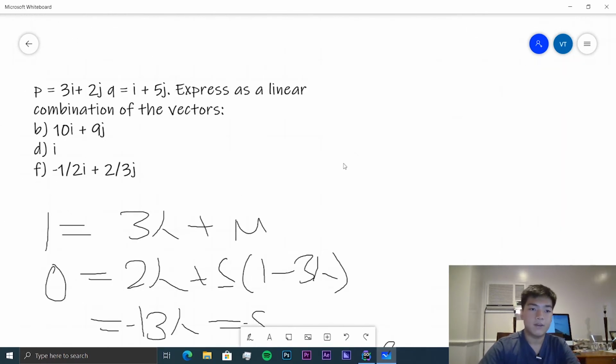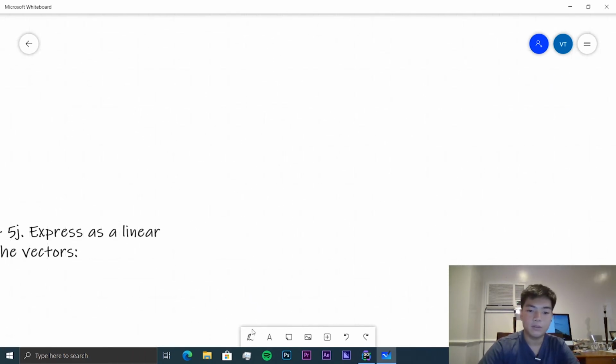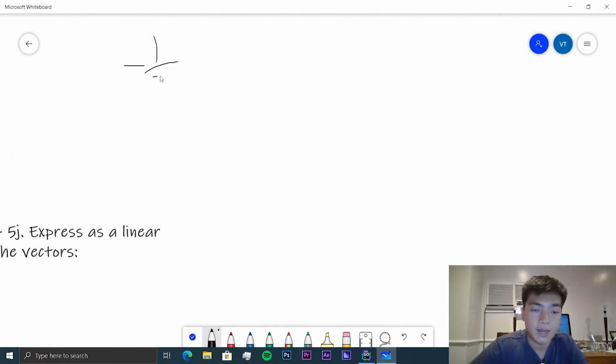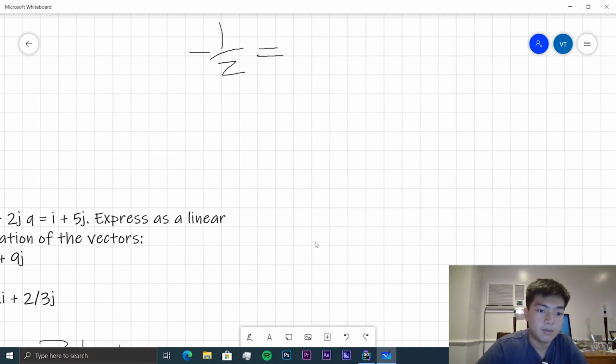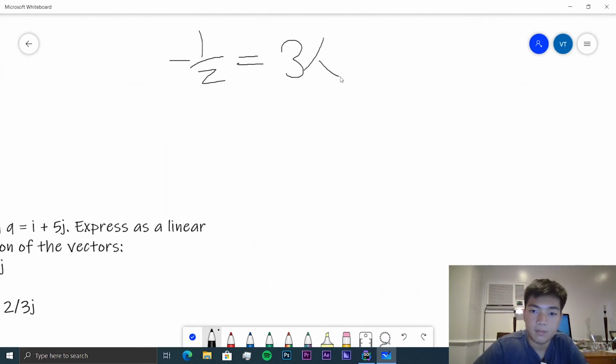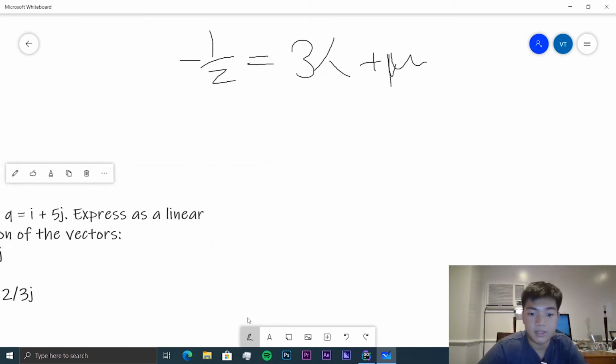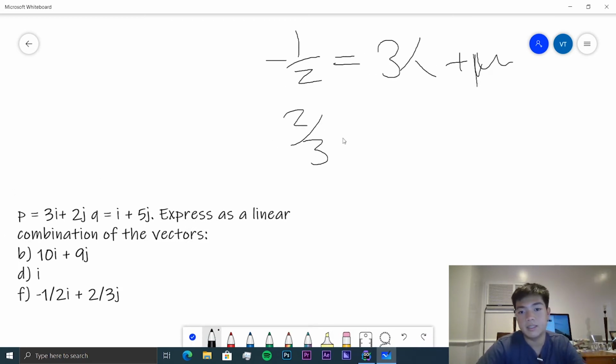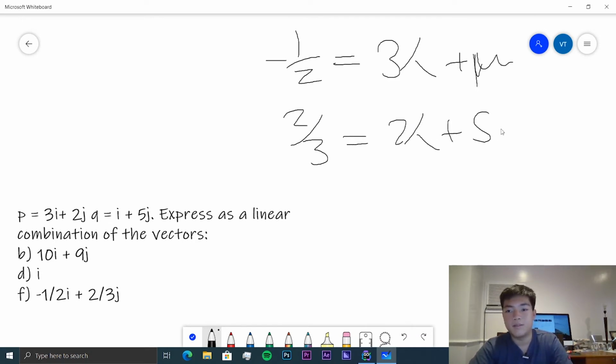Okay, and then for the final question, negative 1/2 i plus 2/3 j, we have negative 1/2 is equal to 3 lambda plus mu, and then we have 2/3 j, so 2/3 is equal to 2 lambda plus 5 mu.